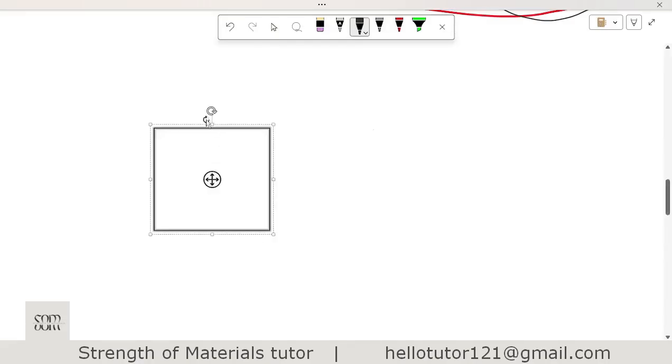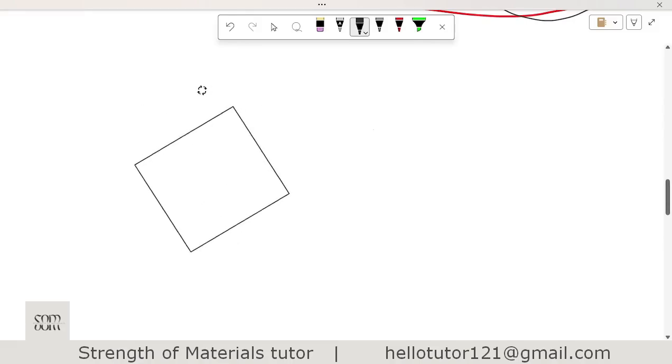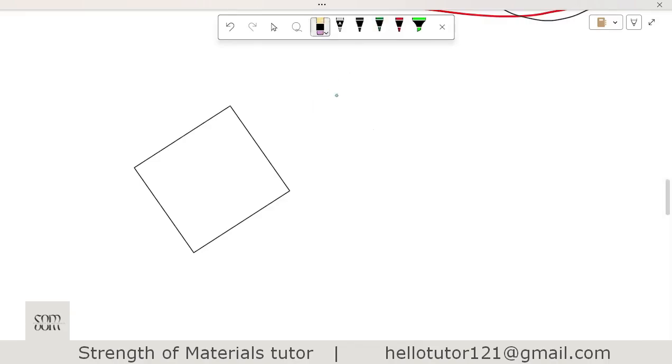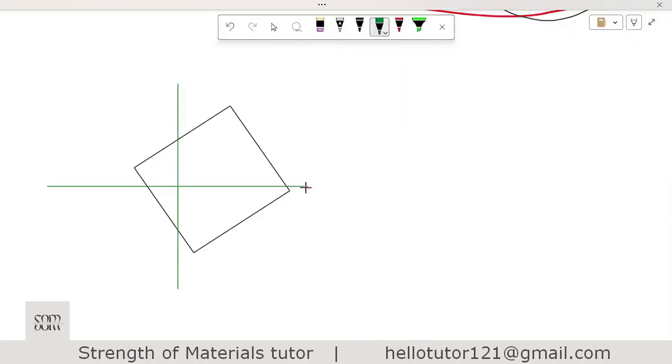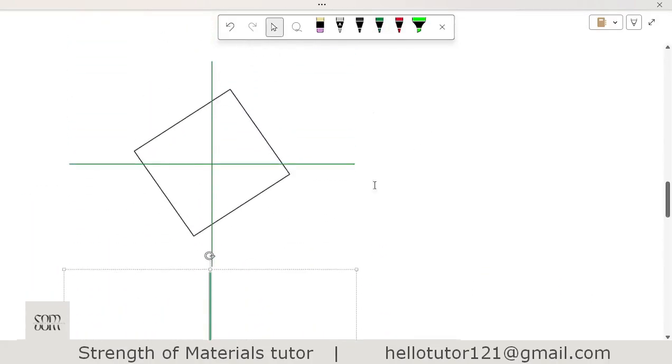Now let us give it an anti-clockwise rotation. Let us say this is the old coordinate axis, and this is our new coordinate axis.